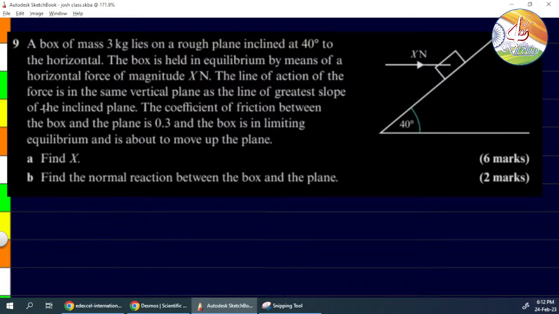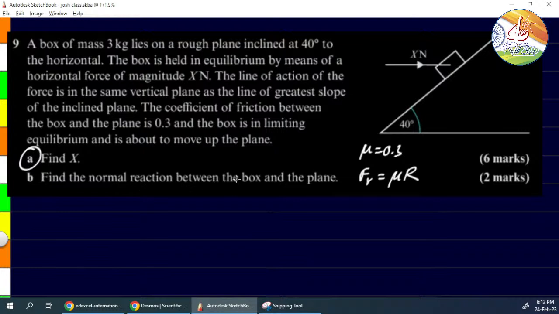The line of action of the force is in the same vertical plane, so all the forces are coplanar. The coefficient of friction is given as 0.3, and the box is in limiting equilibrium. Limiting equilibrium means friction force is equal to mu times R. Correct? Yes. And we have to find the value of X.